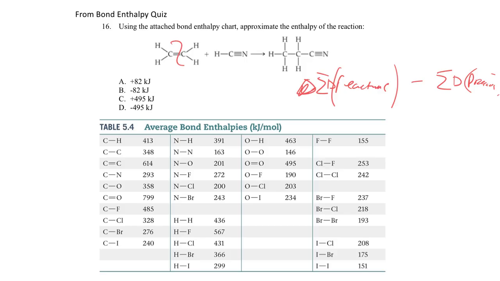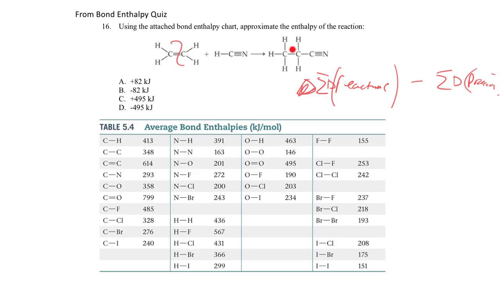Now, the 2 approaches you have are to break all the bonds in the reactants and then form all the bonds in the products. There's nothing wrong with that. It might take you a little bit longer, but you really only need to break the net bonds that are broken. We're really just breaking the carbon-carbon double because I still keep all the CH bonds. So all these CH bonds, I have 5 here, and I still have 5 here, and I still have the carbon-carbon triple.